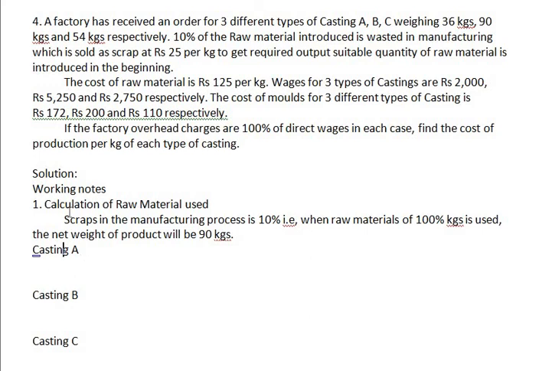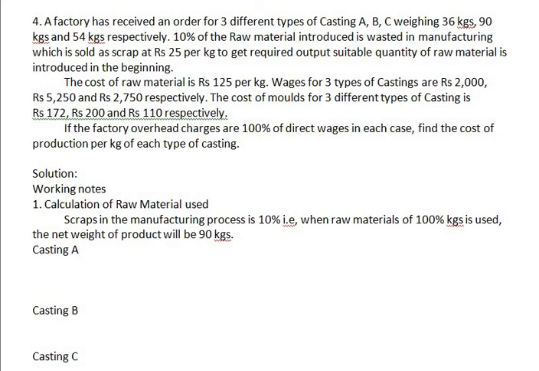Write down this calculation in the working notes: calculation of raw material used. Write down the sentence: scrap in the manufacturing process is 10%. That is, when raw material of 100 kgs is used, the net weight of product will be 90 kgs. Hope this is clear to you all.